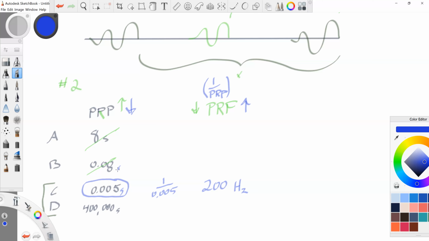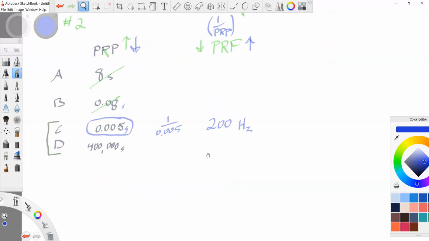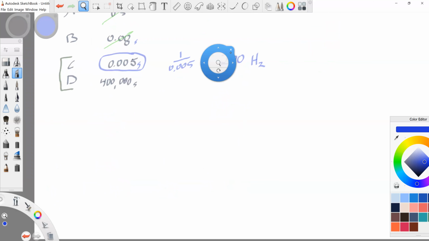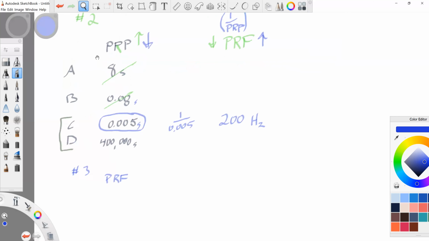Okay, do I need number 3? The shortest pulse repetition period. Well, 3 is the same difference. I'll abbreviate number 3 here. Follow along. Which of these 4 pulse repetition frequencies, PRFs? Before, we were starting with the periods, right?